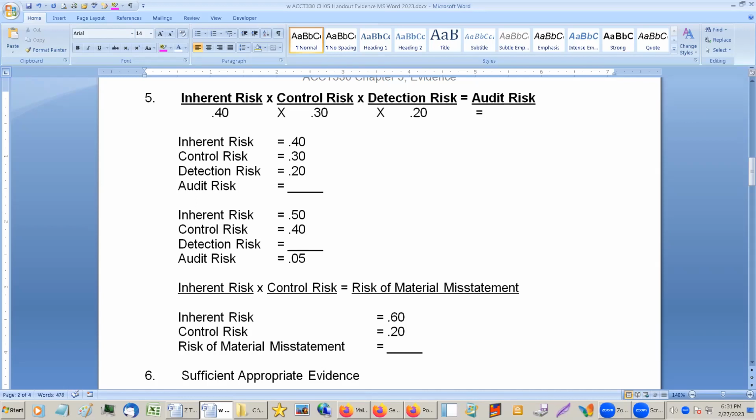So 40% times 30% times 20% equals 0.024, or 2.4%.